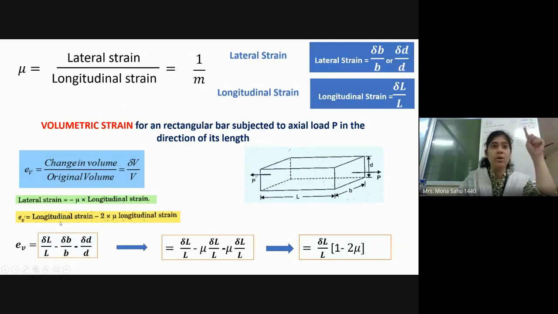So you have one longitudinal strain and two lateral strains, so it will be minus 2 mu into longitudinal strain. How do you write that in an equation? Delta L by L minus delta B by B minus delta D by D. Got it? Clear? This step I will explain to you a little later. Don't worry about it.